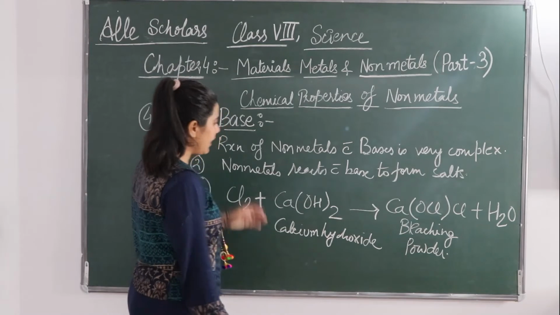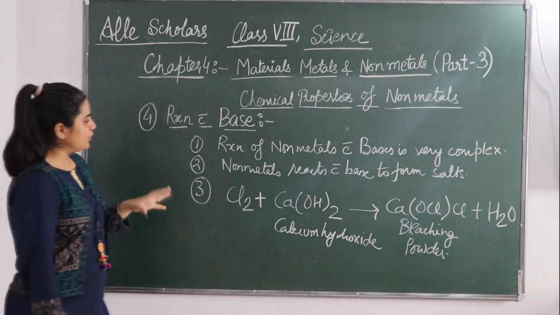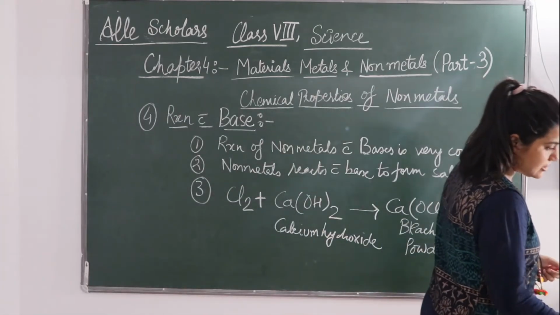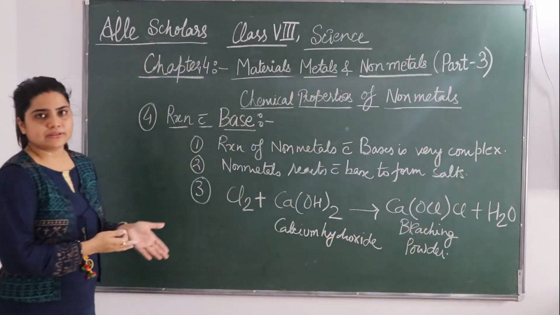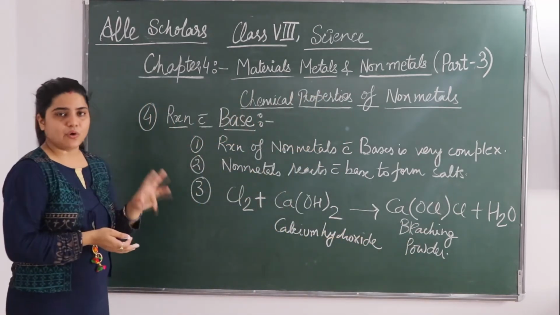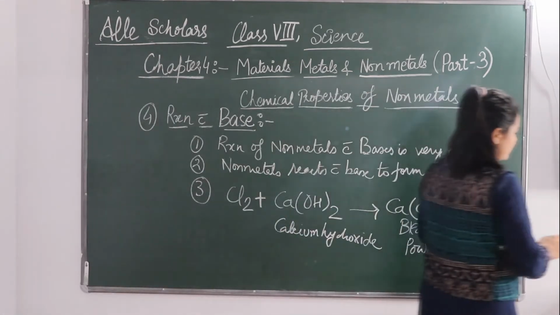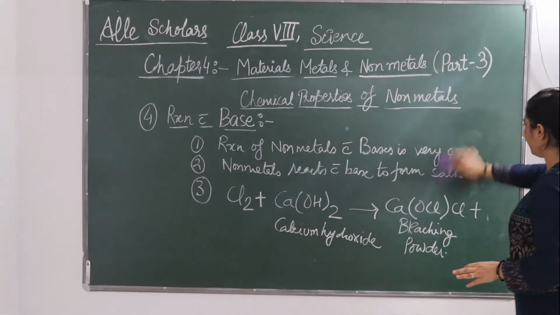So we have seen how complex the reaction of base and non-metal is. This was all about the different reactions: reaction of non-metals with oxygen, water, acid and base. Now let's do the comparison of the chemical properties of metals and non-metals.